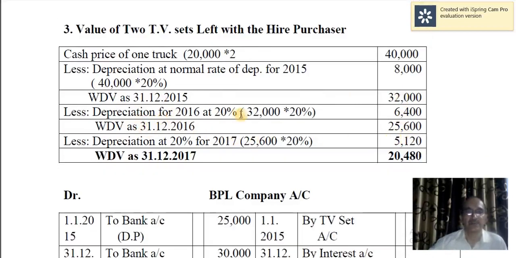And depreciation for second year at the rate of 20%, 6,400. So 25,600 is the balance. Now for the third year, again depreciation at 20%, therefore 5,120. So this is the value of two TV sets left with Prakash Electronics Limited.